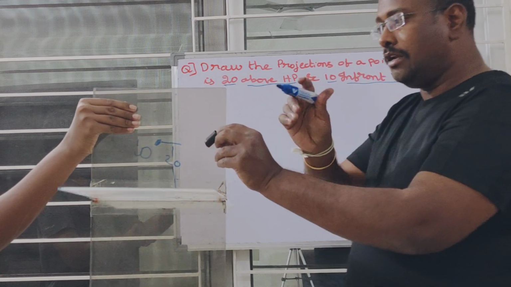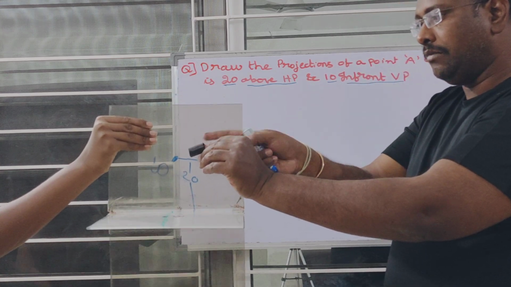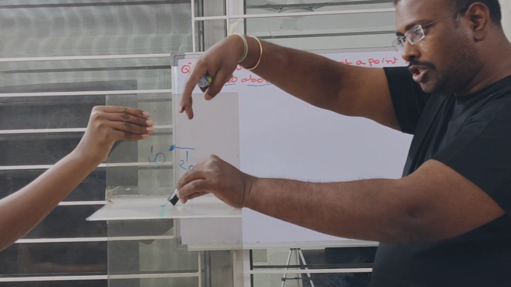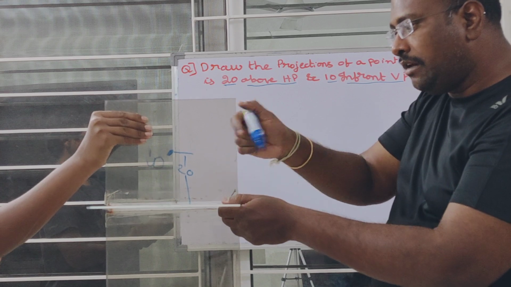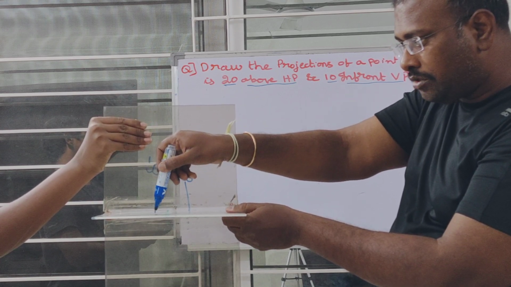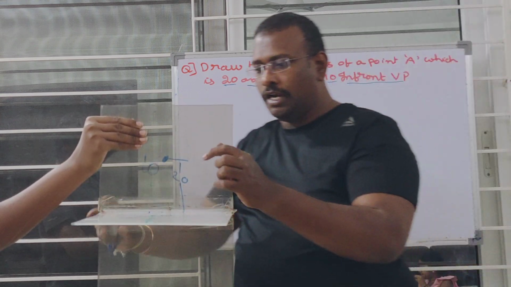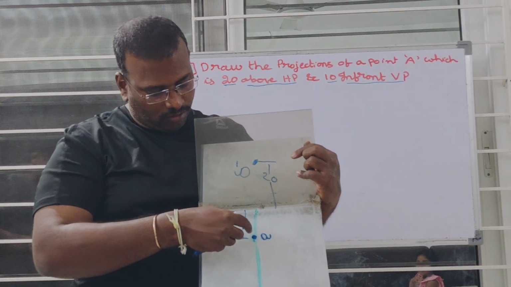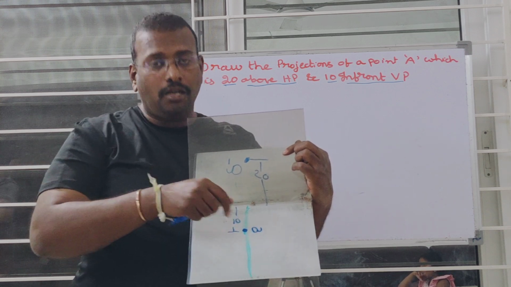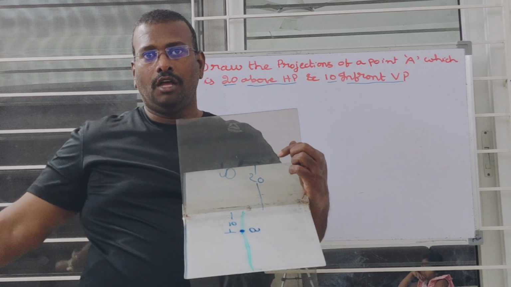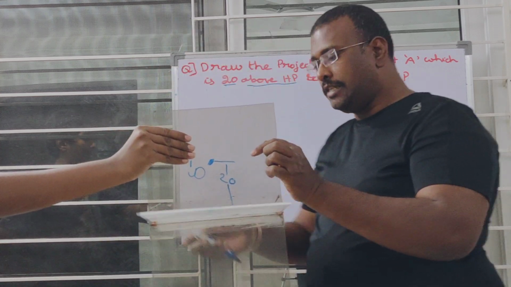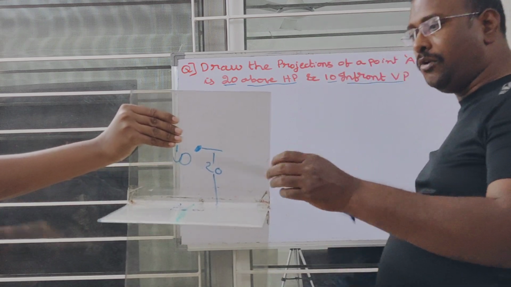Good. So if this gap is 10, all of you observe that in the top view this gap is 10. Once the shadow falls, from this line this particular length is also equal to 10. For your clarity, I am showing it like this. This is the top view and this gap is 10. In order to get this particular point, what is required? The projector in the top view is required.